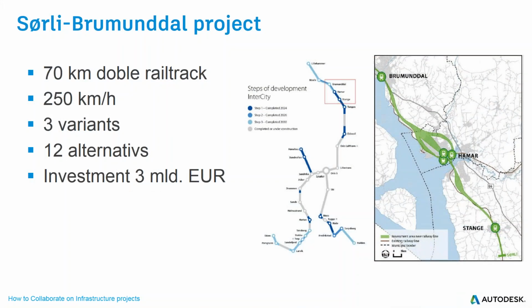In fact, it was a big project, a really huge project, but this part is not entire, it is 70 kilometers of double rail track. It's a shorter path around one city, around Sorley, and you will see how this part of the project has been tackled.